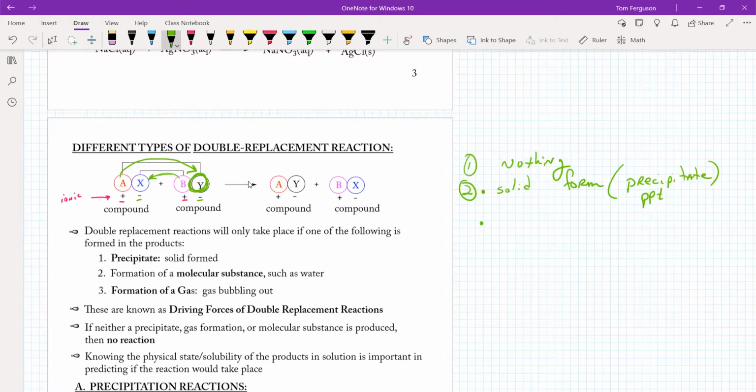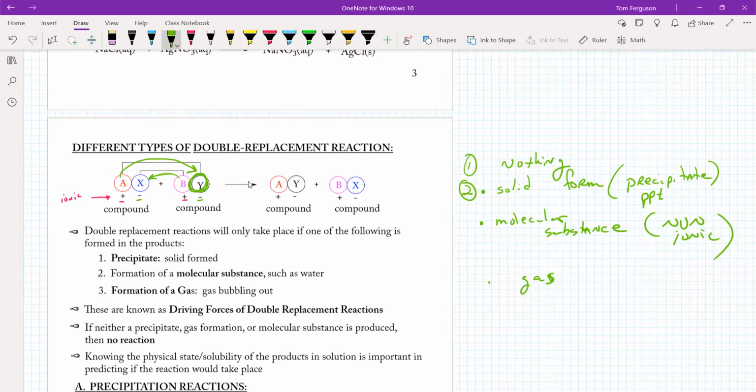Or a molecular substance, like water, or gas. So either nothing or something happens.